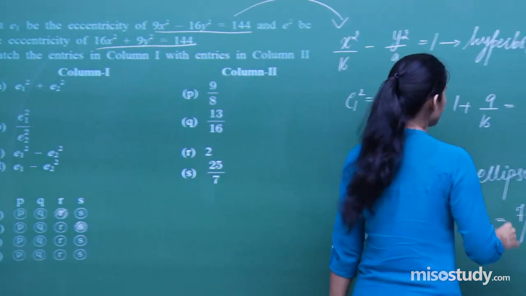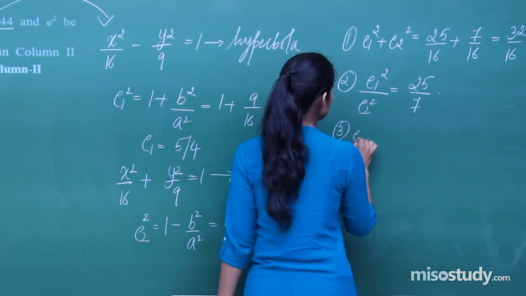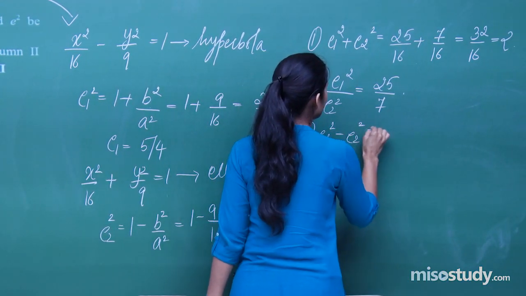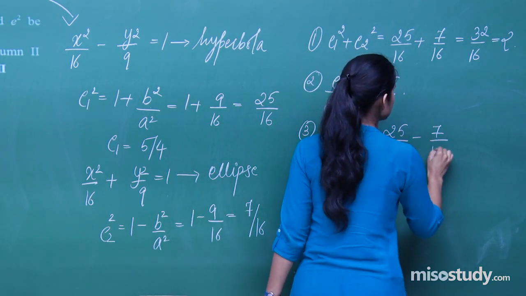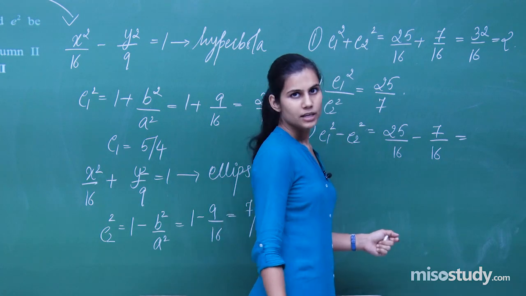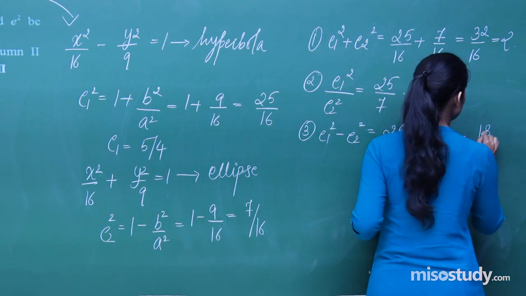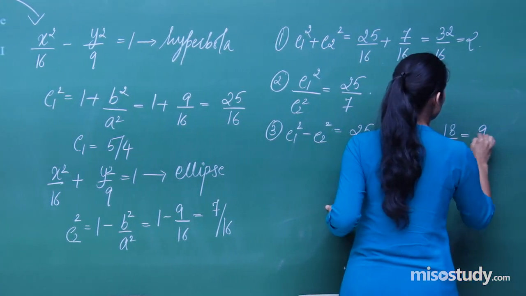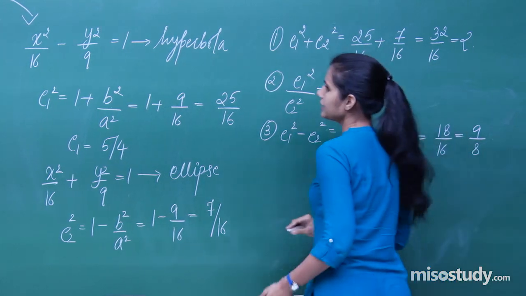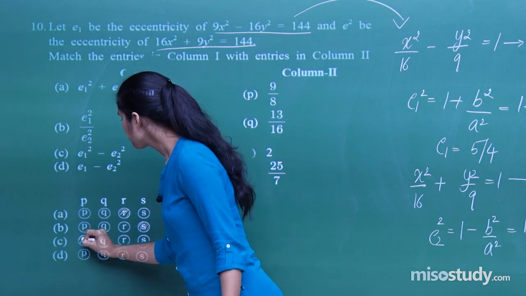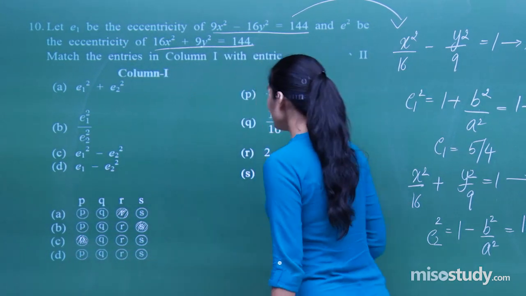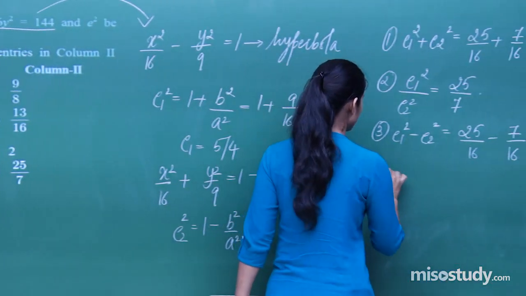Then it is E1 square minus E2 square. Let's see: 25 by 16 minus 7 by 16, so you get 18 by 16, that is 9 by 8. So C gets mapped to P. And E1 minus E2 square.